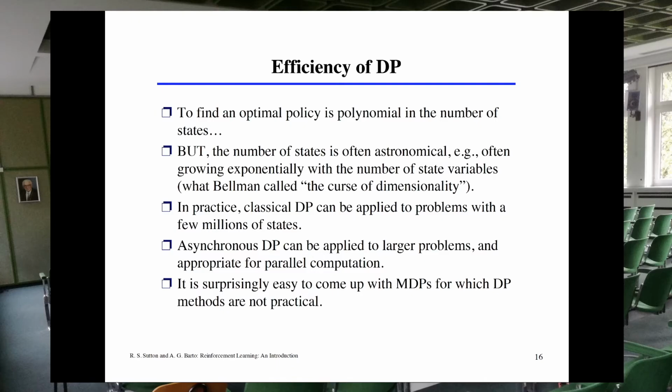When an MDP has a very large number of states, and the states are given by the dimension of the input or the vector that represents the states, we call this the Bellman curse of dimensionality, because this number of states can grow exponentially as you increase the dimension of the problem.